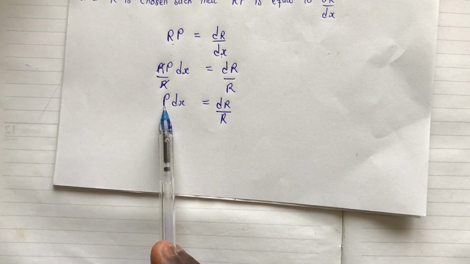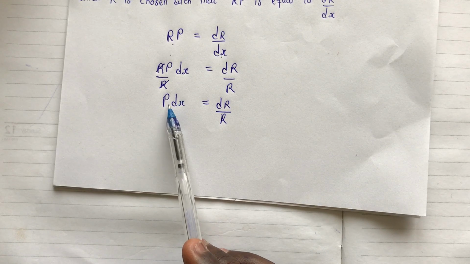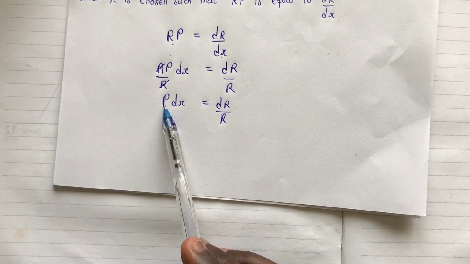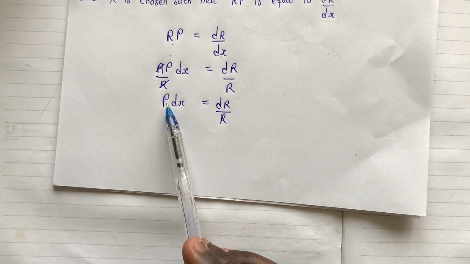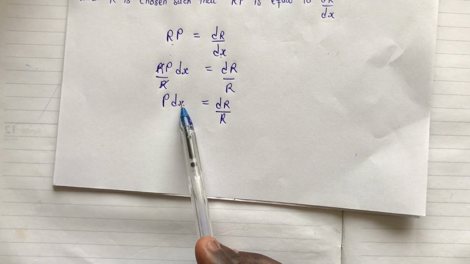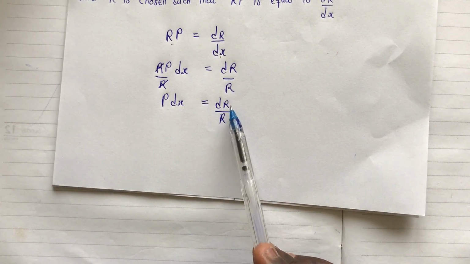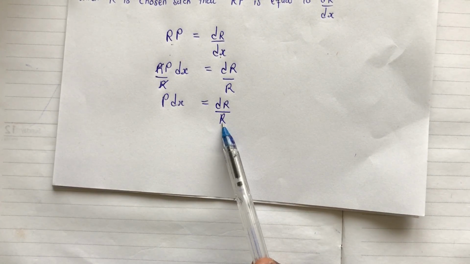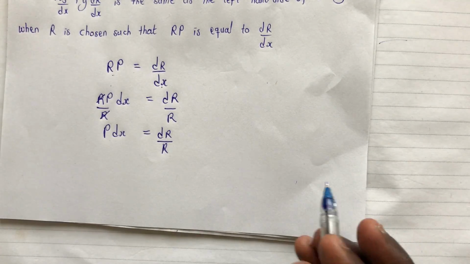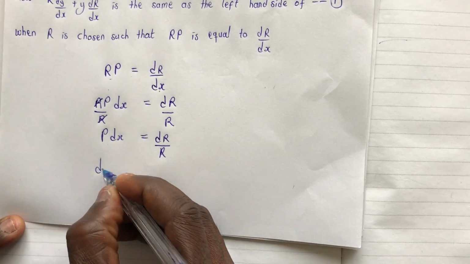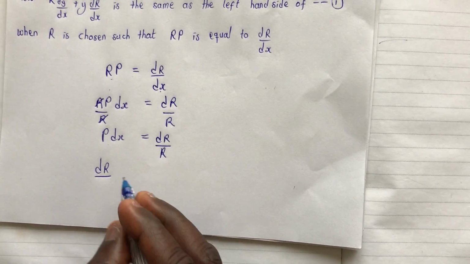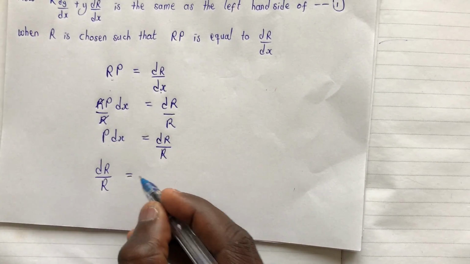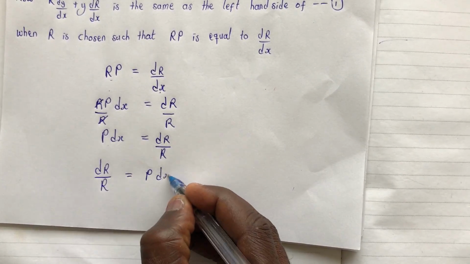P. Now, do you get the concept? Since we are assuming that the function P is in terms of the variable x, I separated them together. Then I separated the R and R together. So this is the same as dr over R equal to P dx.